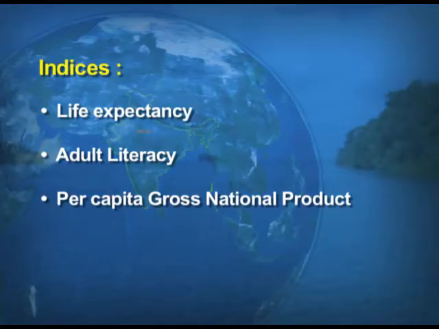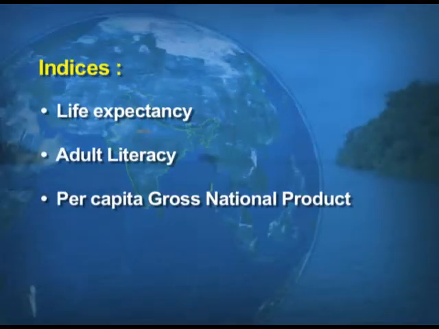The second indicator of human development is the education base. So, the index for that education base is adult literacy, that is, how much a person is literate, or for a country, what percentage of the population is literate.